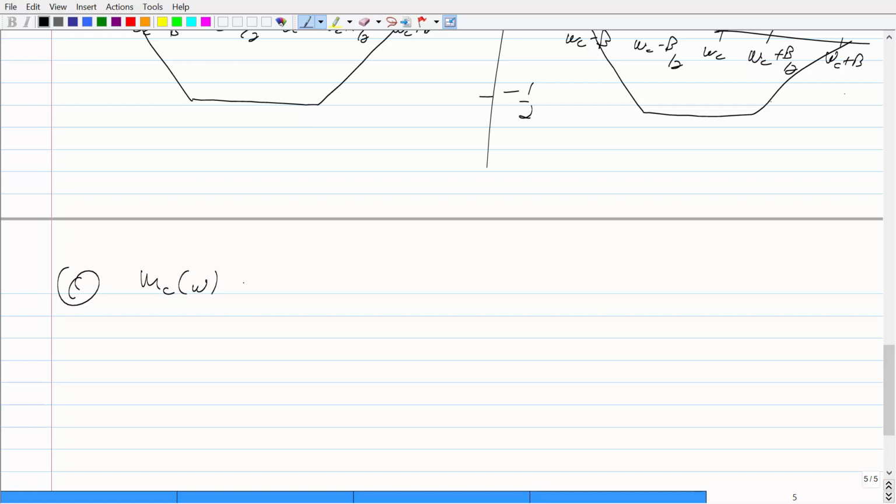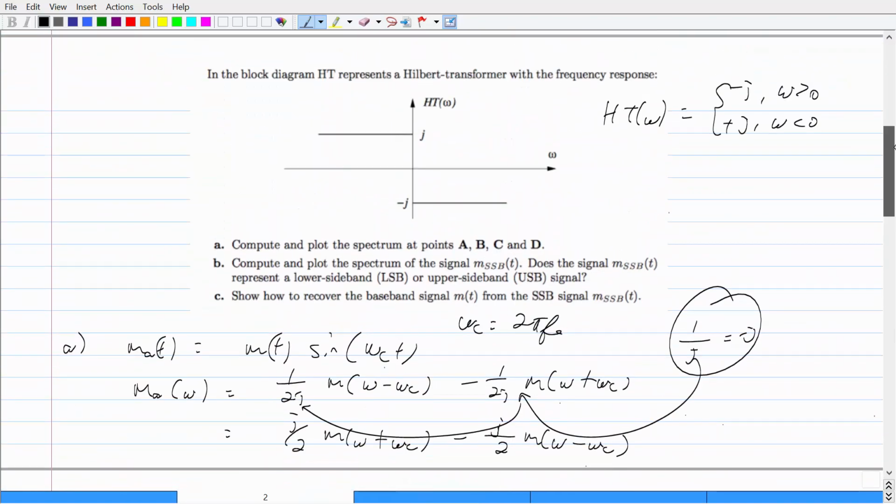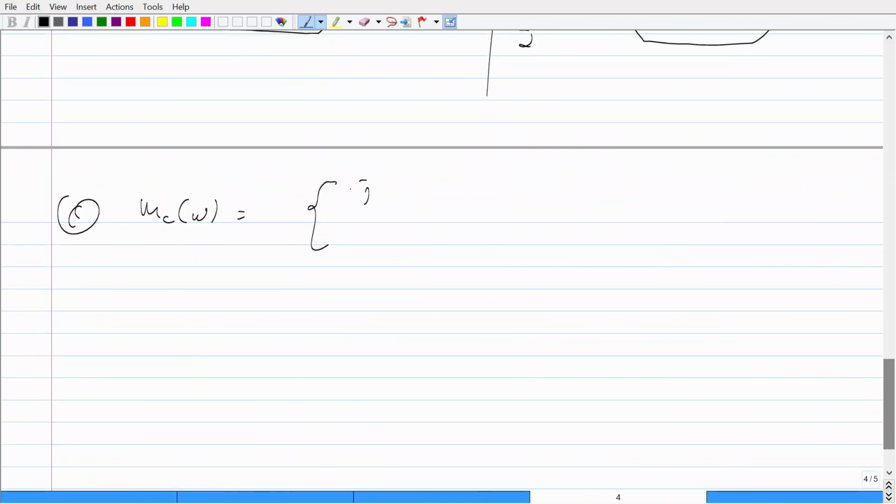It's going to look like this. Any values that are negative, so minus, and plus, sorry. And any values that are positive, you multiply by j.